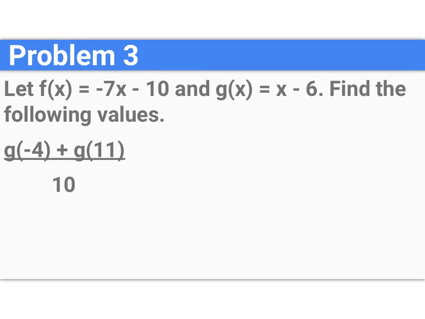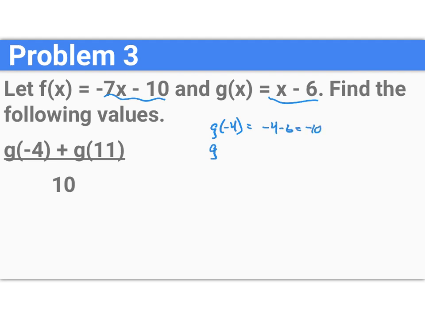Okay. Let f of x equal this function and g of x equal this function. Find the following values. All right, so here we go. G of negative 4. So we're going to evaluate g at negative 4, which is negative 4 minus 6, which is negative 10.